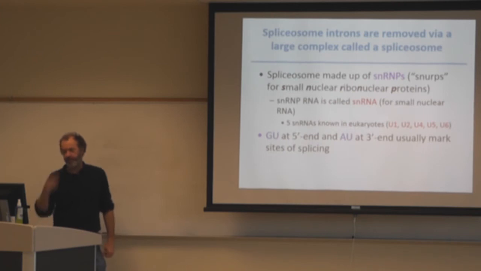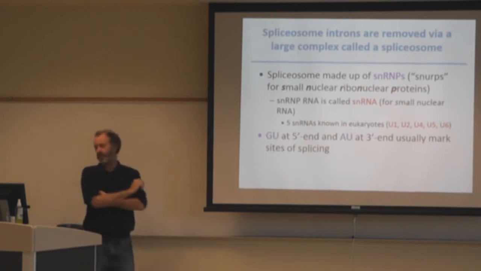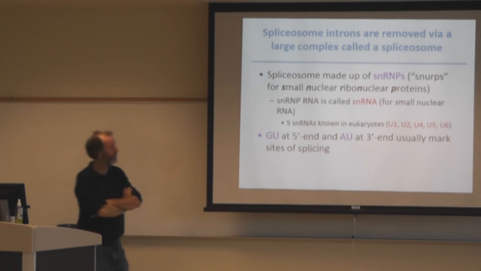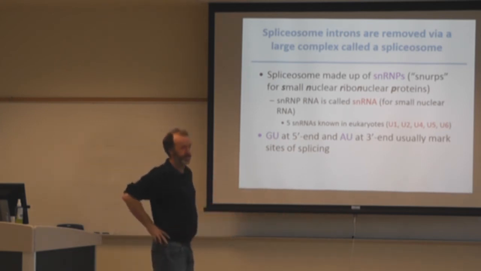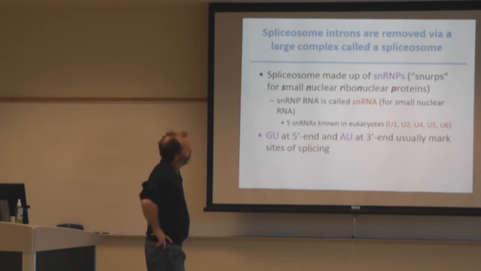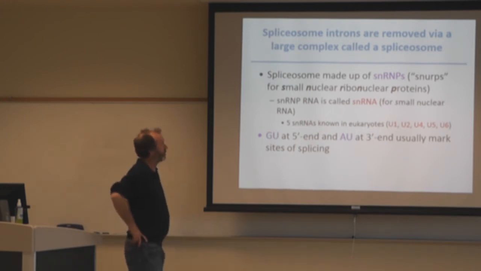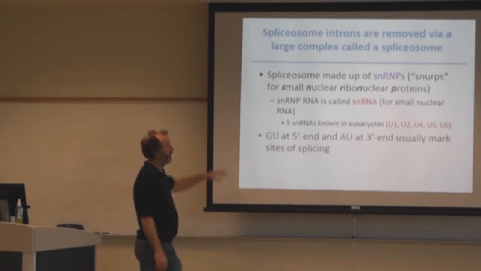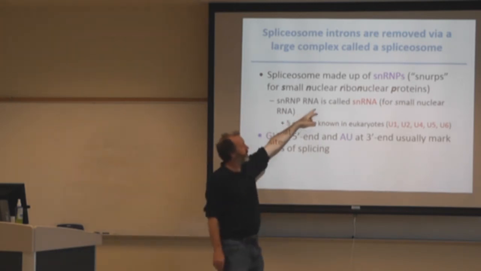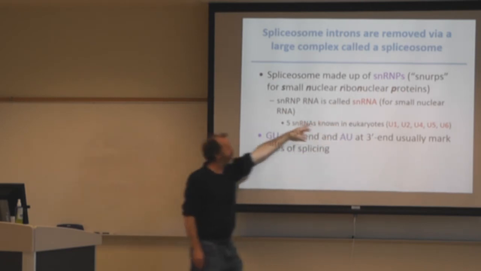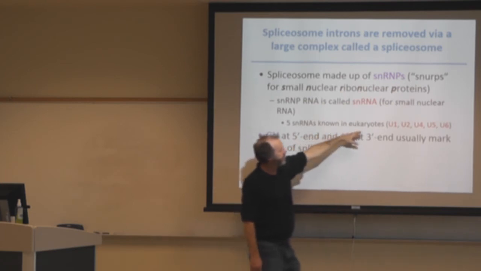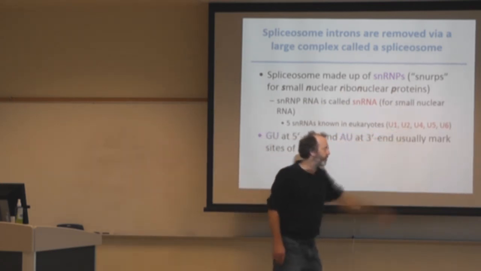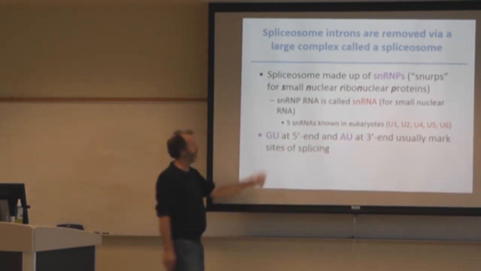Spliceosomal introns are removed via a large complex called the spliceosome. The spliceosome is made up of snRNPs, small nuclear ribonucleoproteins. The RNA in the snRNP is called snRNA, for small nuclear RNA. snRNAs are known in eukaryotes as U1, U2, U4, U5, and U6.